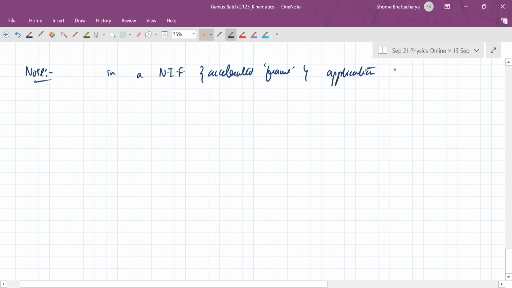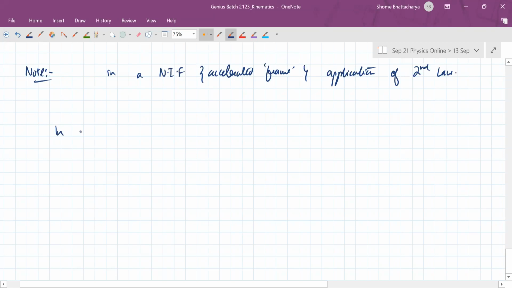Now, just a note about the concept of pseudo force, that in a non-inertial frame, that is an accelerated frame. We'll see the logic of this from the relative motion point of view, application of Newton's second law.